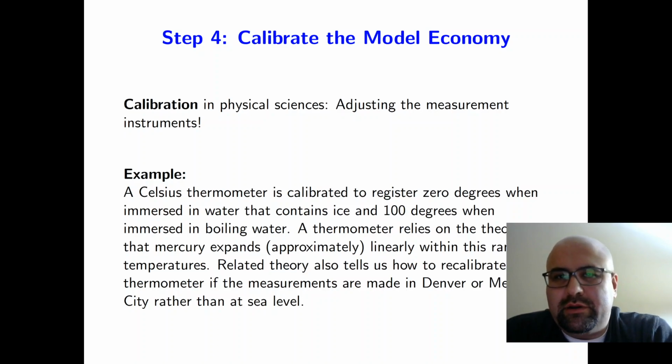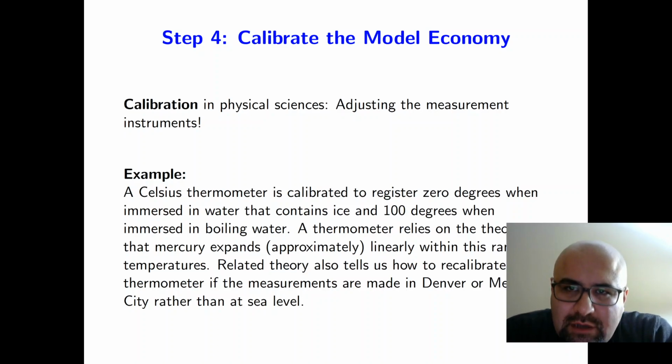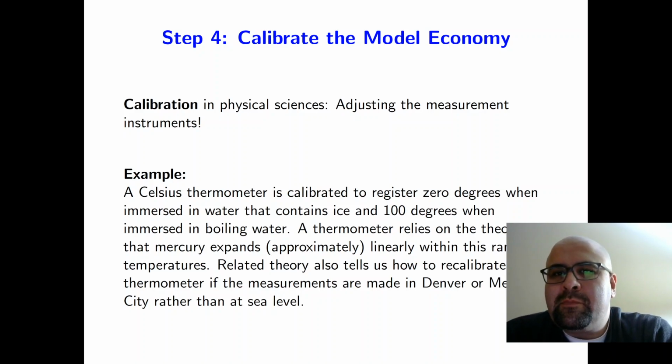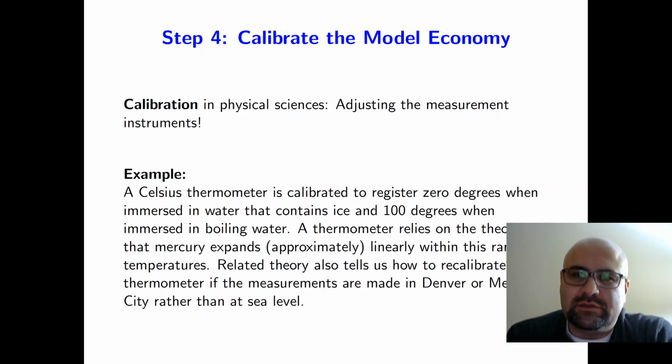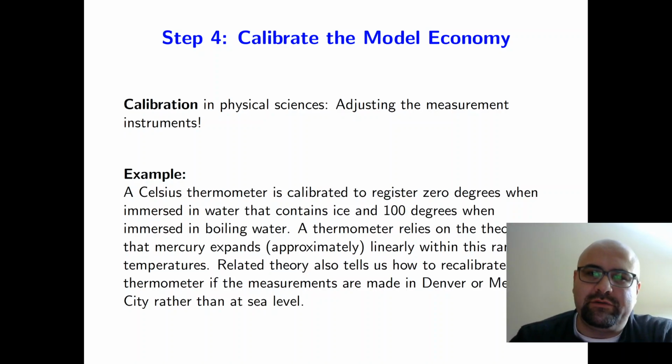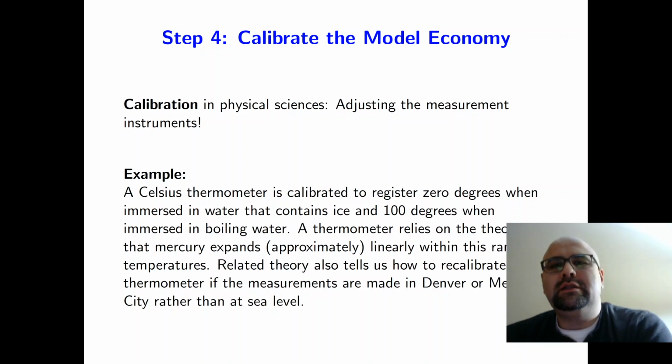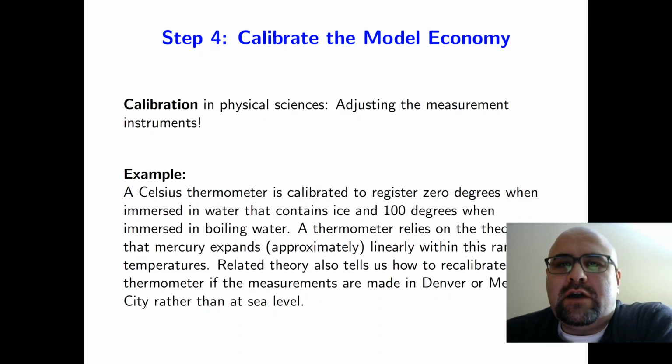Here it's mercury, and we calibrate this thermometer in that particular way. Between 0 and 100 degrees Celsius it is linear, so mercury expands linearly.